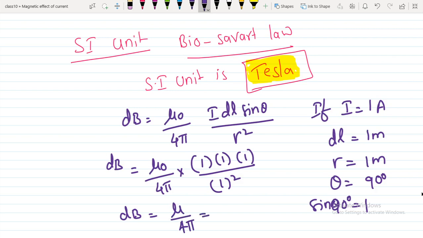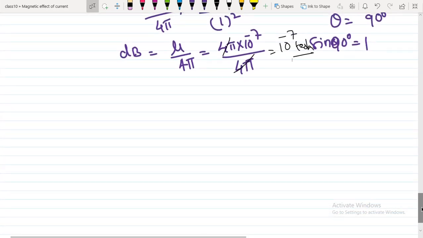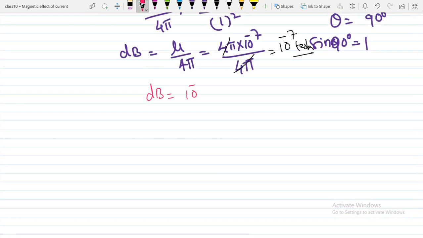The mu naught value for permeability is 4 pi times 10 power minus 7, upon 4 pi. So these two values get cancelled, which gives 10 power minus 7 Tesla. So here we can directly define dB equals 10 power minus 7 Tesla.